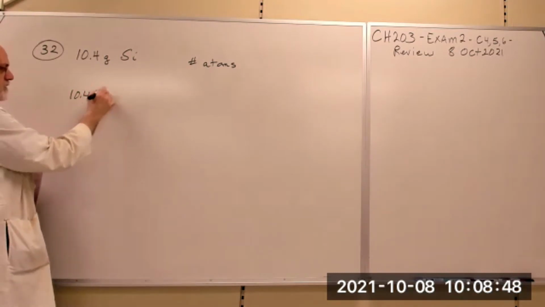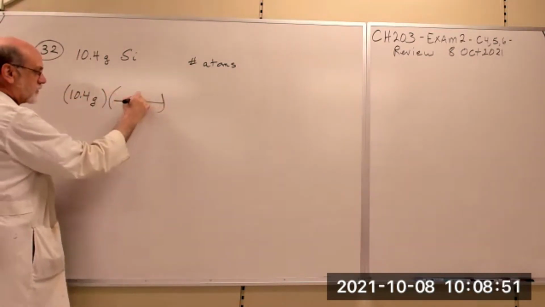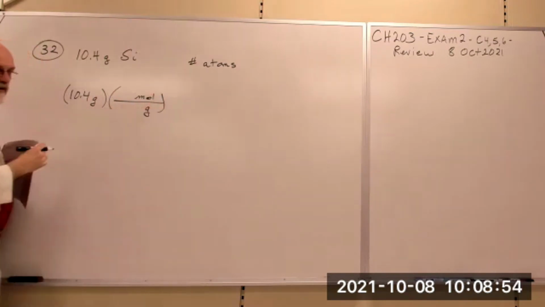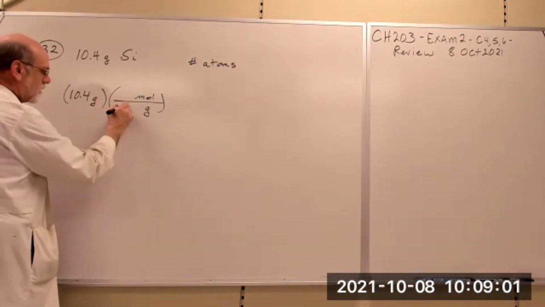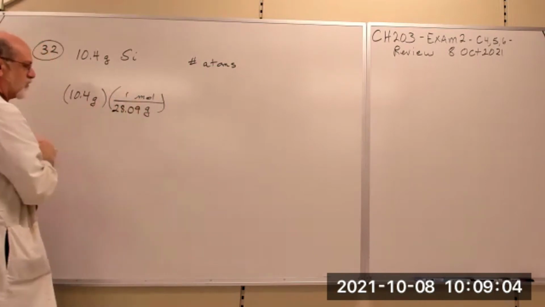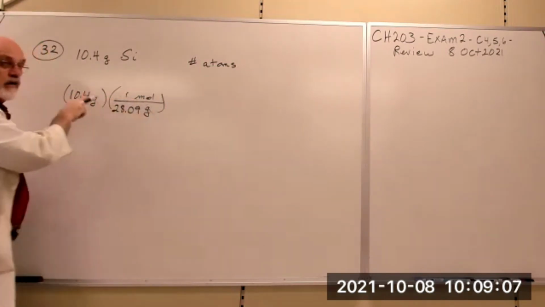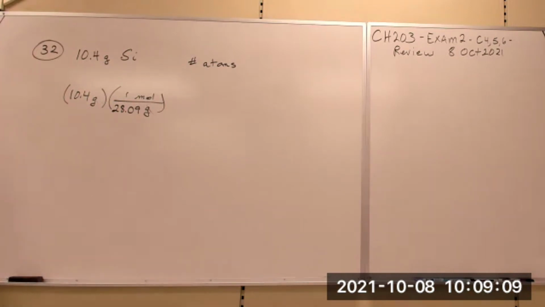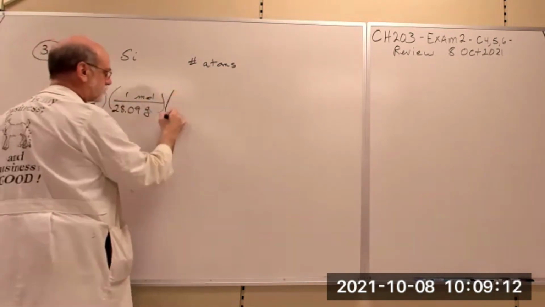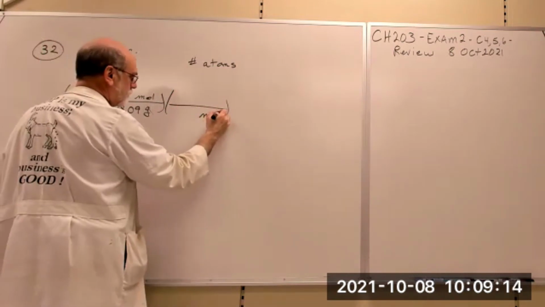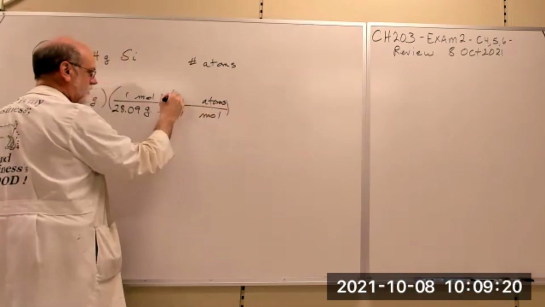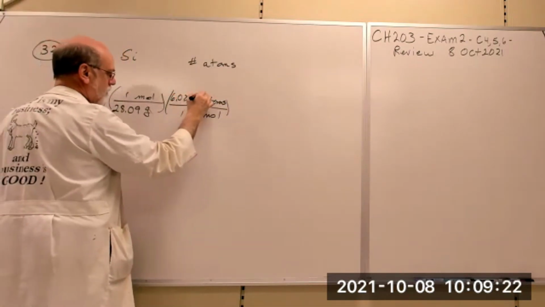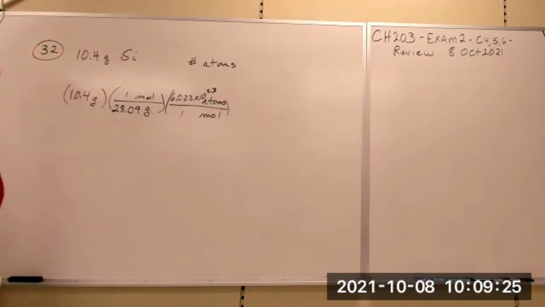10.4 grams. We can convert that to moles with our molar mass. So silicon is what? 28.09 grams per mole. That takes care of the grams. Now we're in numbers, and we can convert moles to numbers of atoms, right? And there's that magic number again. Right?